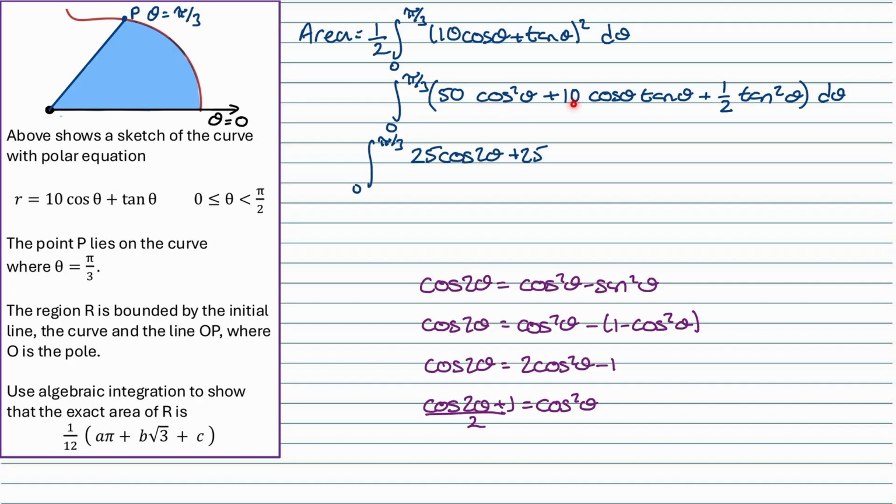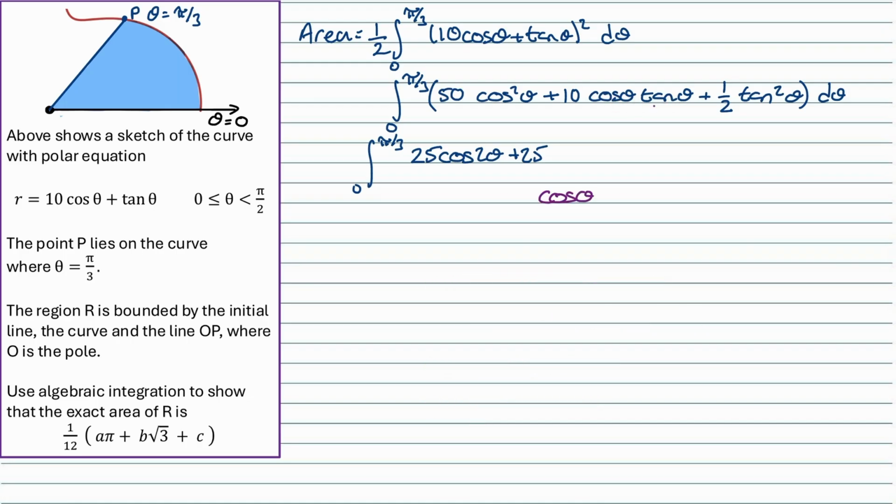Now we need to think about the cos theta tan theta. Well, we know tan theta is the same as sine theta over cos theta. So these cos thetas will cancel, and this term will reduce down to sine theta. I'll substitute that back into here. And for the tan squared theta, we can use the identity that sec squared equals tan squared plus 1.